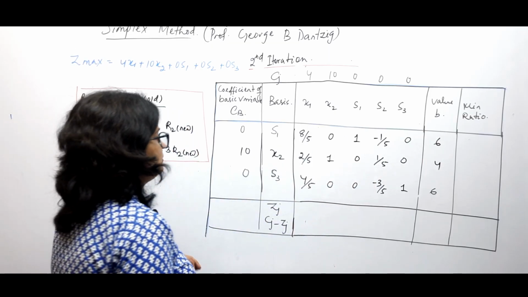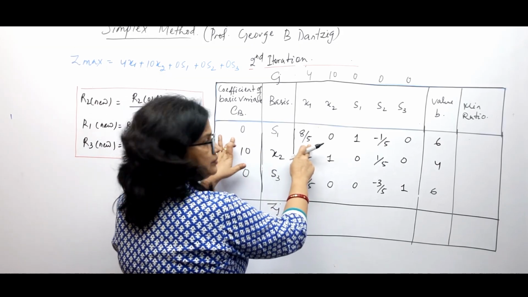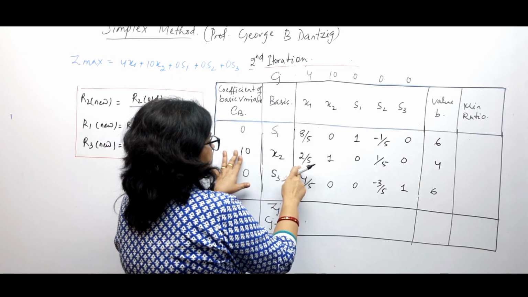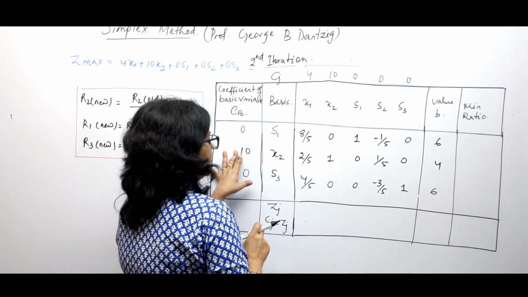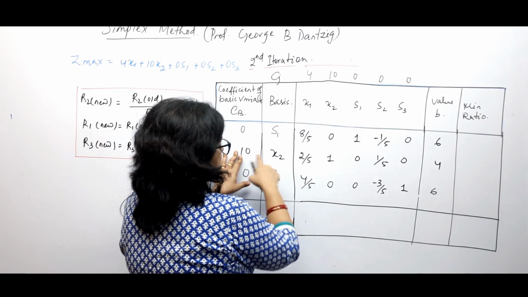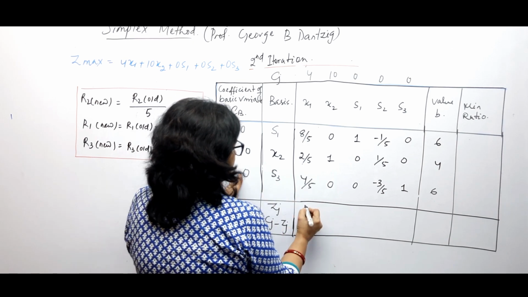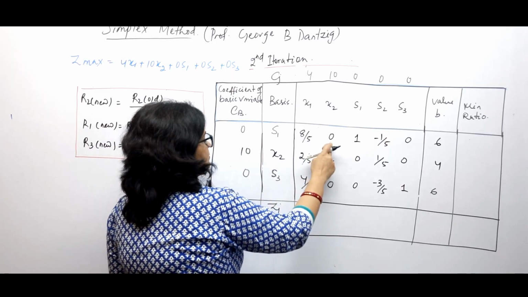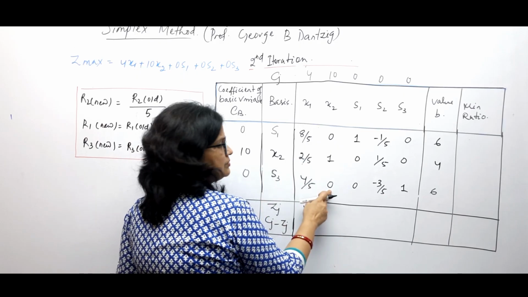So what do we need to calculate here? We need to calculate the Zj value here. So 0 into 8 by 5, that is 0, plus 10 into 2 by 5, that is 20 by 5 equal to 4, plus 0. So we can write 4 here. Again 0 into 0, 0, 10 into 1, 10, 0 into 0, 0.